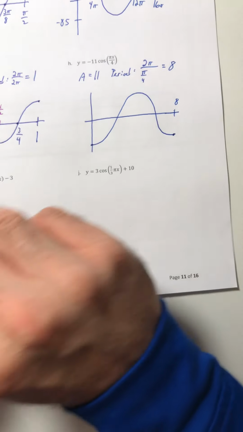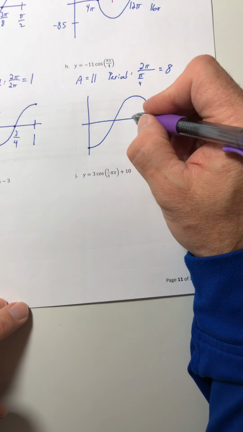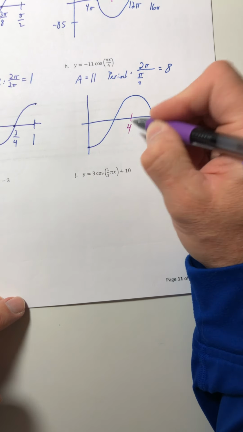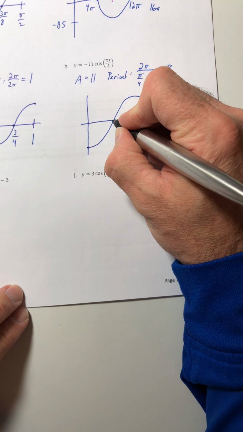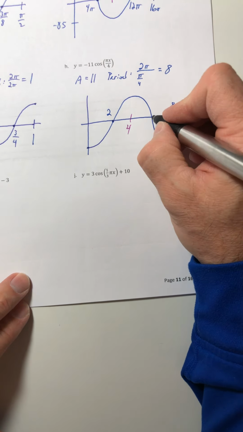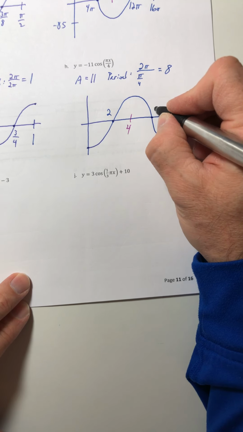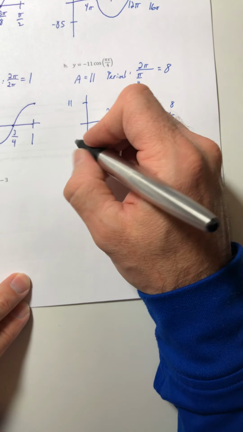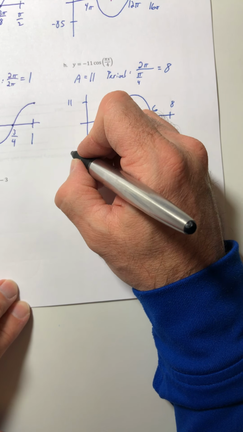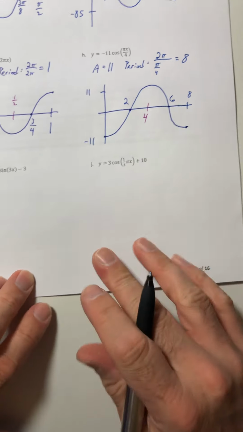So that whole distance is 8. The halfway point would have to be 4. So between 0 and 4 is 2, and in between 4 and 8 is 6. And then it's bouncing between 11 and -11.